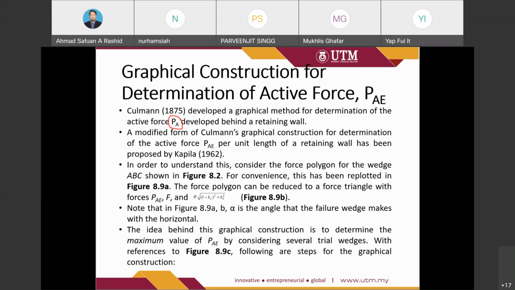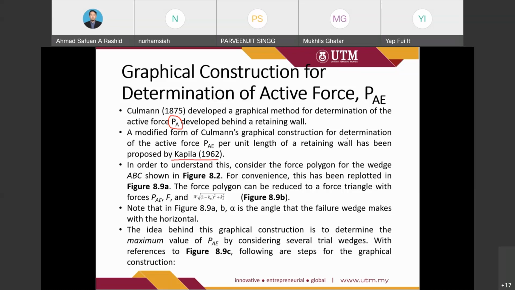A modified form of Coleman graphical construction for determination of the active force PAE per unit length of a retaining wall has been proposed by Capilla in 1962.